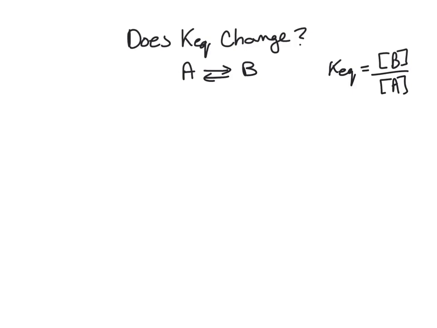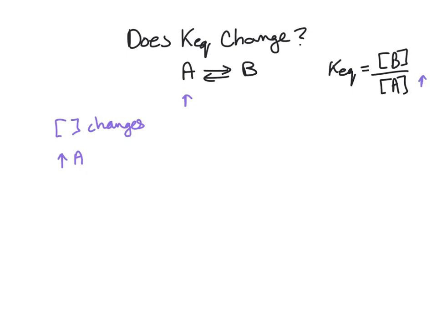Let's first look at whether concentration is going to affect the value of K. Let's say I increase my A. If I increase the concentration of A, this value becomes higher.